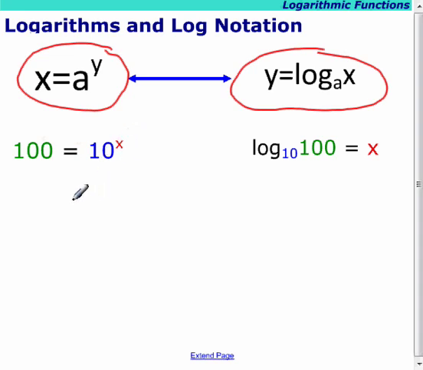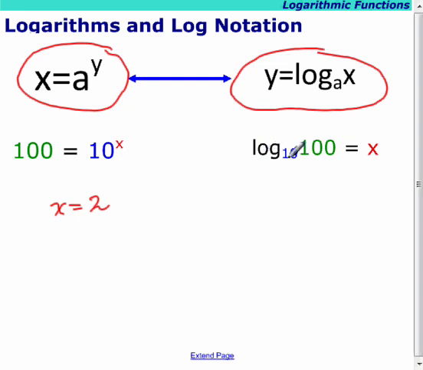In just looking at that, I know that x must be 2, because 10 squared is equal to 100. However, if I was to change this to logarithmic notation, it would be x is equal to log base 10 of 100. Or in other words, x is the exponent to which 10 must be raised in order to get 100.